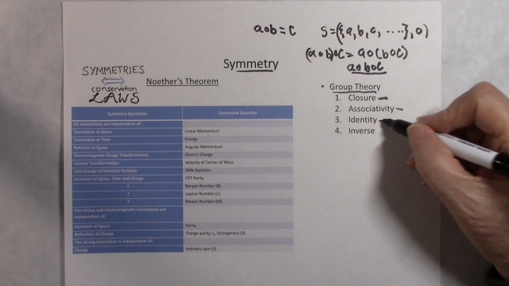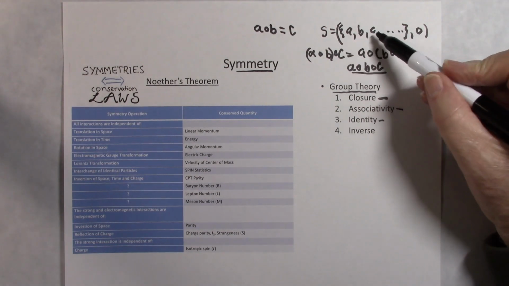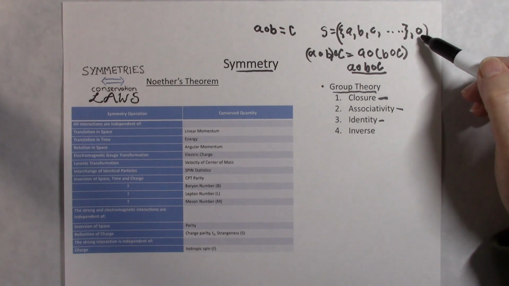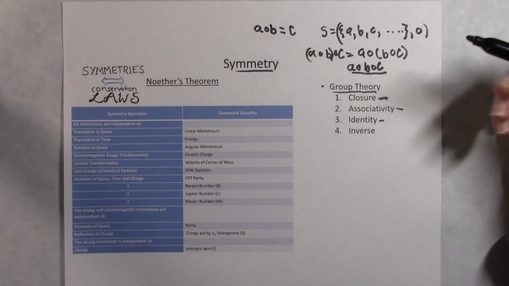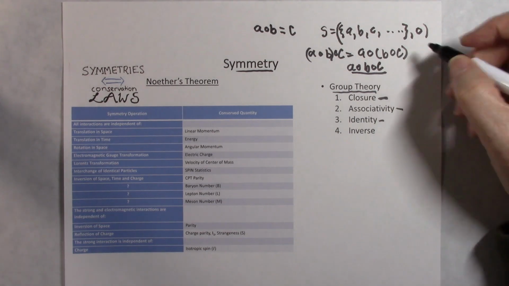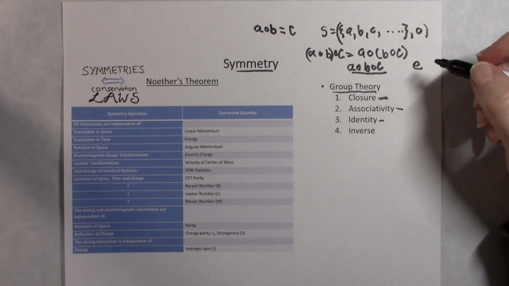The third rule is identity. There is some unique element in this set that when you correspond it to any other element, it gives that element back. For example, let's say that E is the identity element.